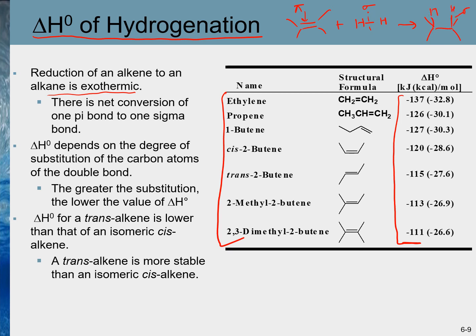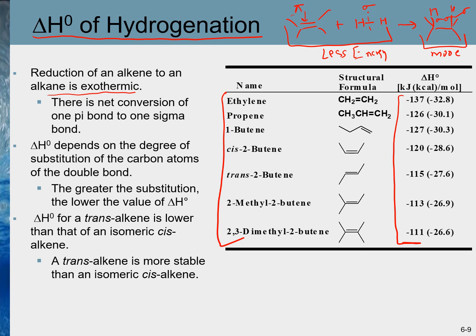Less energy is required to break a pi bond. So therefore we are spending less energy to break a bond, but we get more energy generated when two sigma bonds are formed. So that's why the reaction is always exothermic.